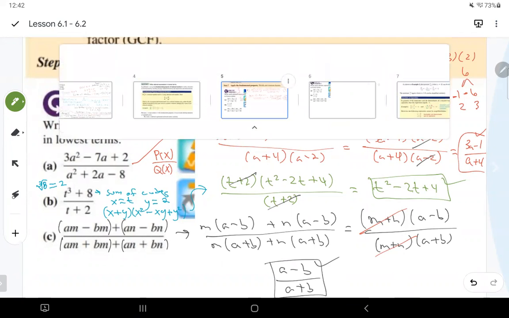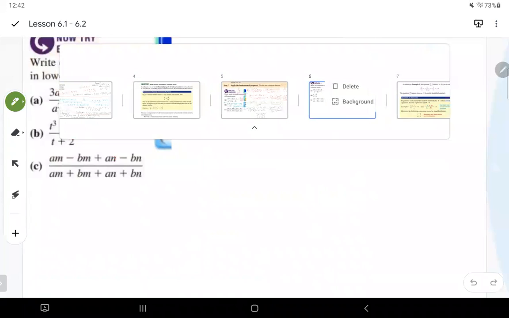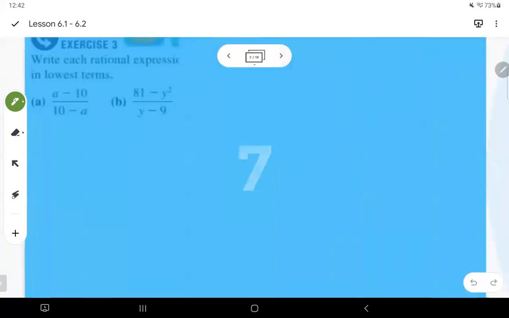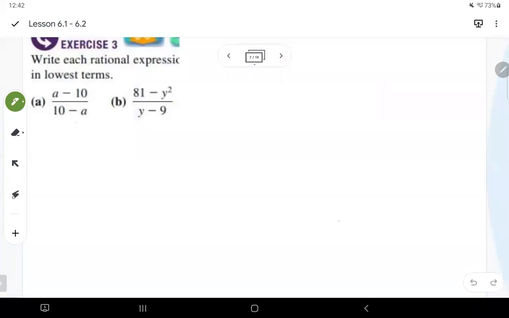So let me go ahead and get rid of this one for you. All right. So here they're just telling us that if we wanted, we could use this idea of pulling out a -1. So then you can cancel. So let's take a look. Here for A, we have A minus 10 on top.